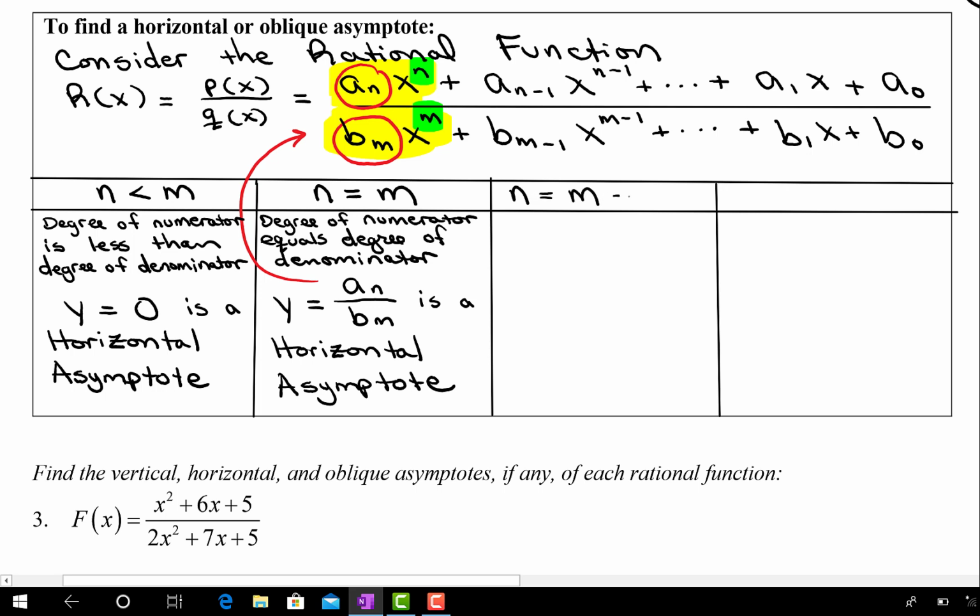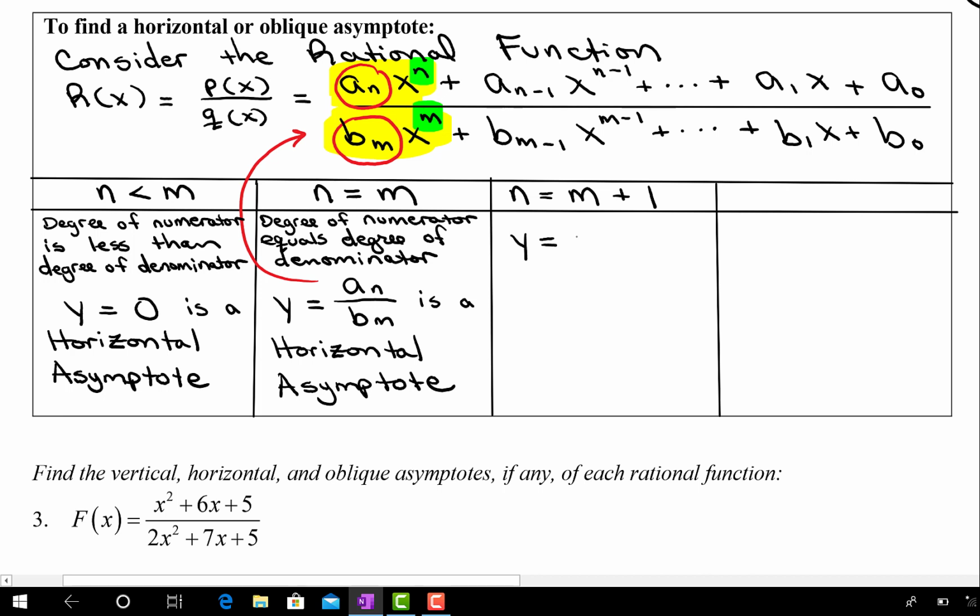Now, what about if n is equal to m plus 1? If the degree of the polynomial in the numerator is exactly 1 more than the degree of the polynomial in the denominator, then what happens?